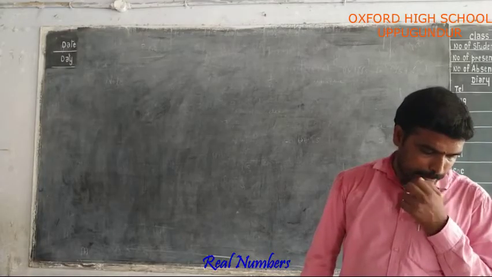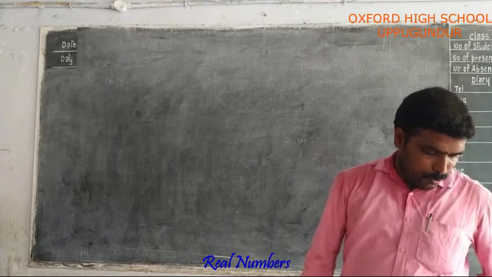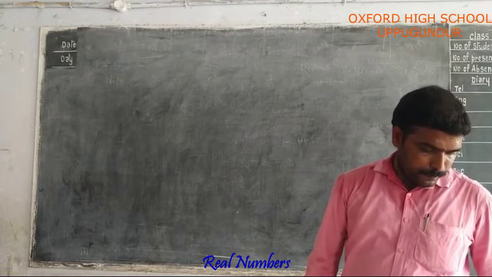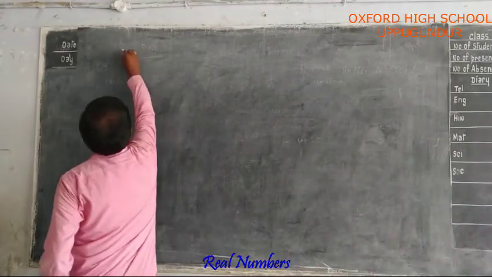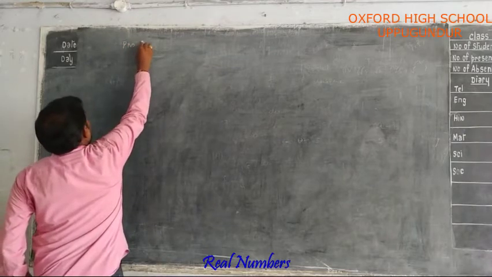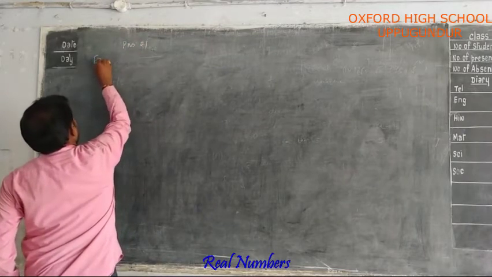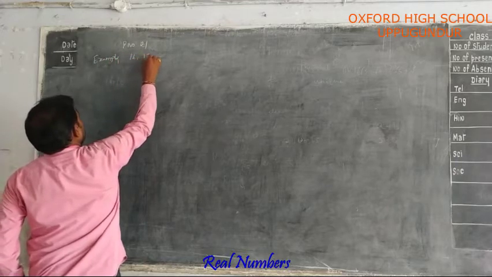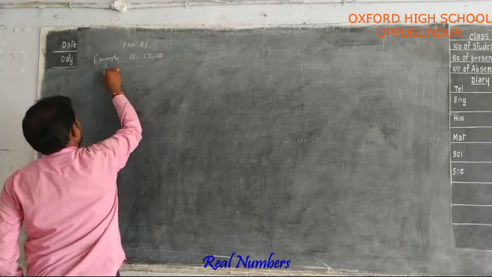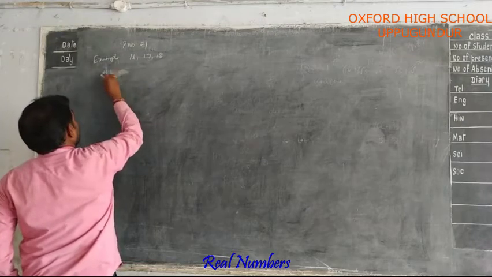Example 16. Rationalize the denominator of 1 by 4 plus root 5. Examples 16, 17, 18, page number 21. First one, 16.